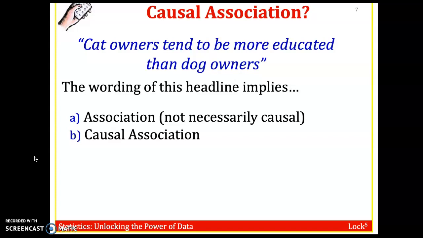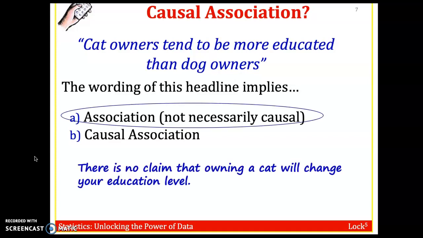Cat owners tend to be more educated than dog owners. This is an example of an association, but there's no claim that owning a cat will change your education level. In fact, it might be the opposite. Maybe people that are more educated tend to buy more cats instead of dogs, but there's no causal association implied in that wording.